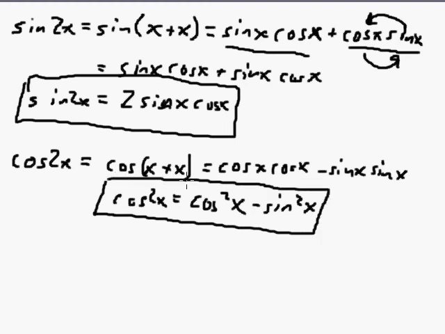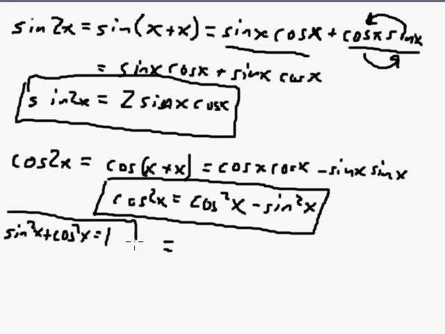Now, there's 3 different answers for this one because of the Pythagorean identity. I can take the fact that cos squared x plus sine squared x equals 1, and I can sub it in for either one of these. So, let's show that a little bit. Sine squared x plus cos squared x equals 1.